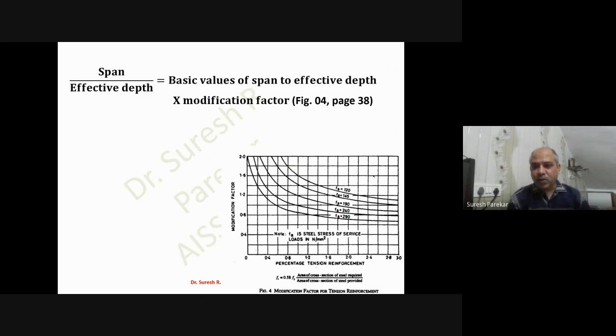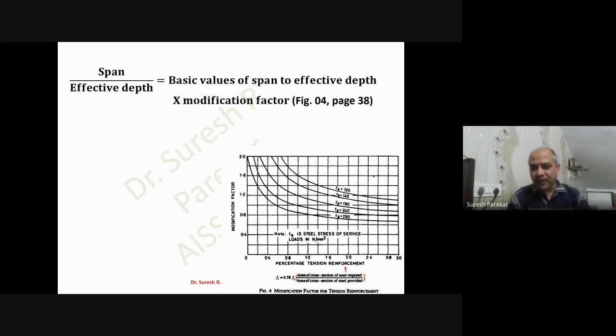So we have fs 290, this is for fy 500, because fs is 0.58 into fy, and since we have not yet provided the reinforcement, we will take the ratio as 1, and we get 0.58 into fy.